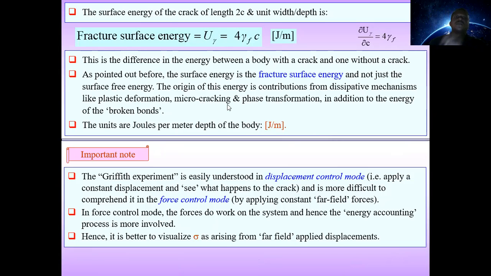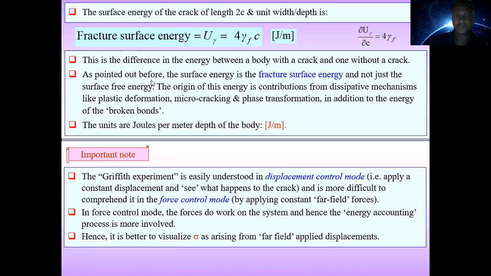The surface energy of the crack of length 2c and unit width or depth is given by U gamma equal to 4 gamma f c. From this, dU gamma over dc is equal to 4 gamma f. This is the difference in the energy between the body with crack and one without crack.